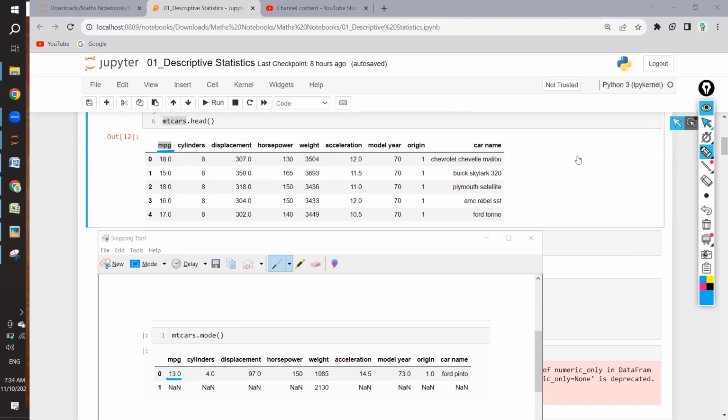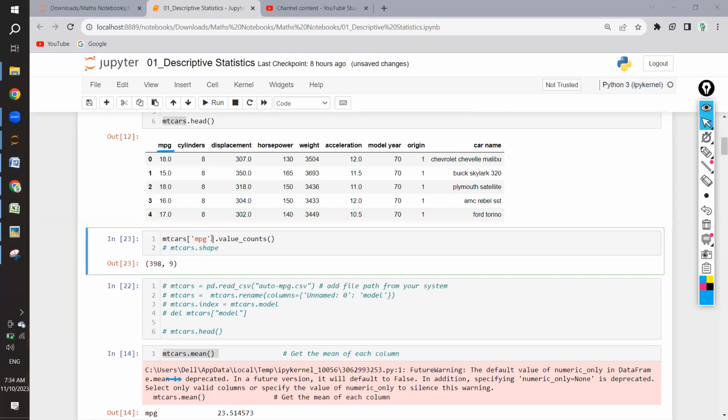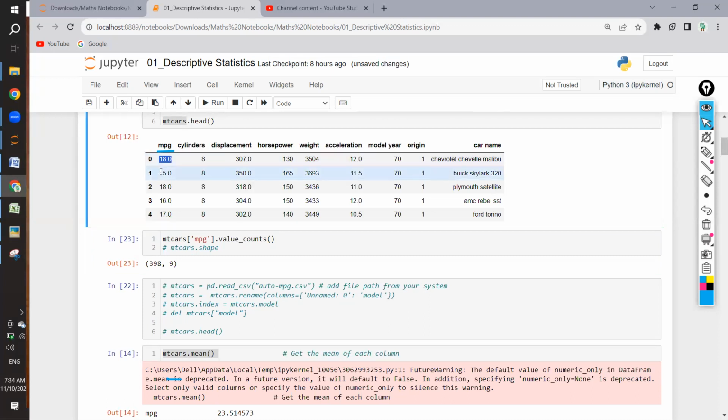How do I know? Because there is a function in pandas called value counts. If you take the data frame, select the column you want, and call value counts, it will give you how many times each value is repeating. 18 is repeating how many times, 15 is repeating how many times.